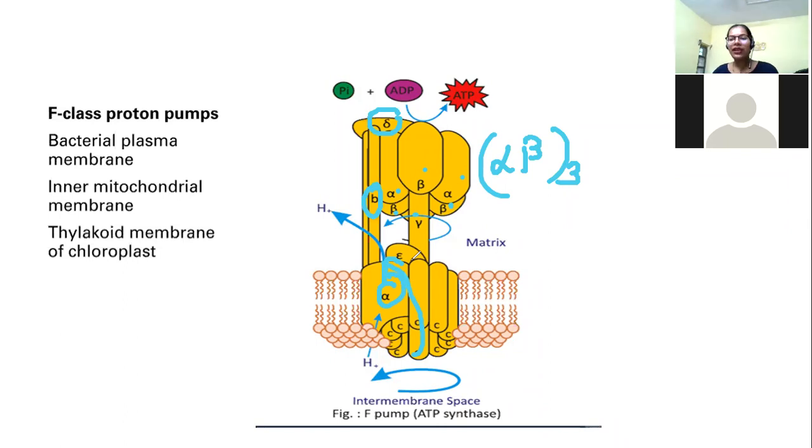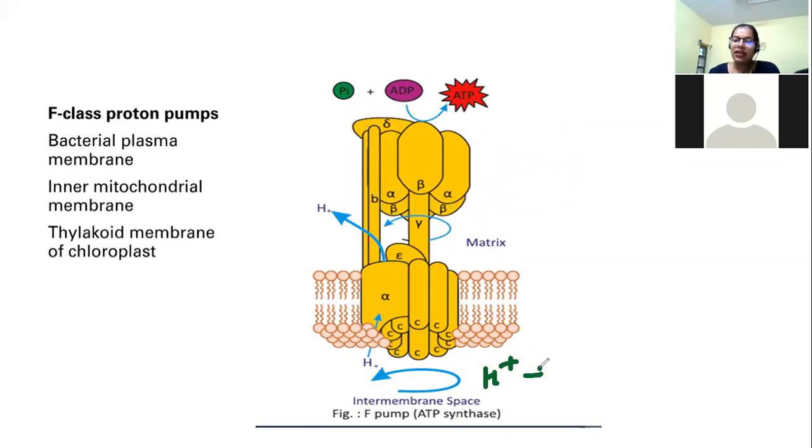This is a little complicated, listen carefully. So I repeat once again. Here you have got H plus, a lot of it. Electrochemical gradient is formed. Now this H plus needs to transfer from intermembrane space to the matrix. So while transferring, the F0 particle is moving.